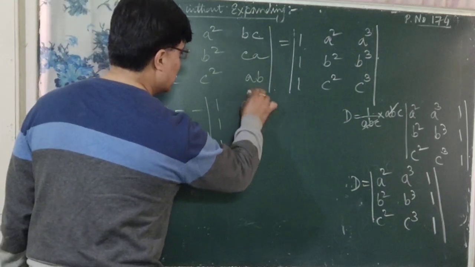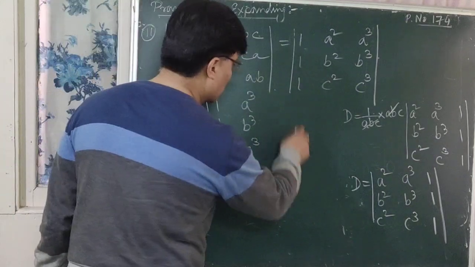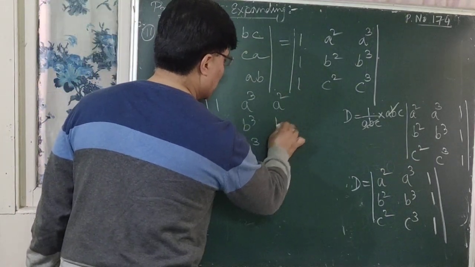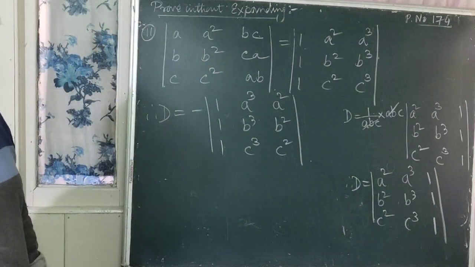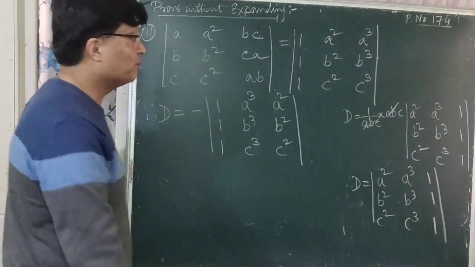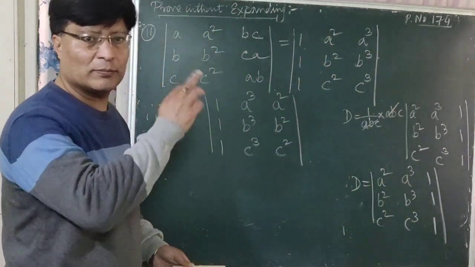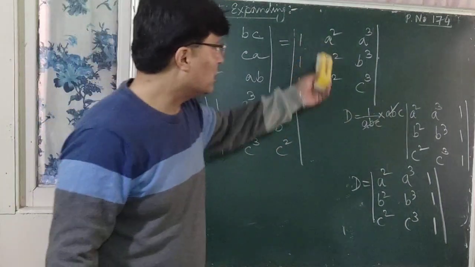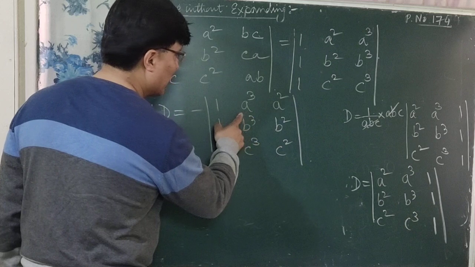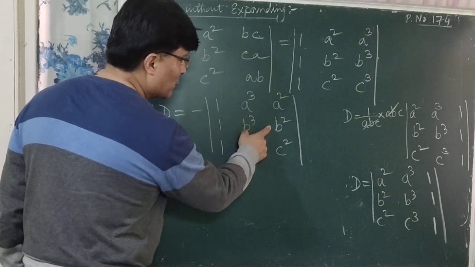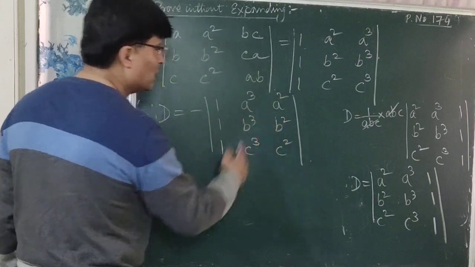Second column remains the same, a cube, b cube, c cube. And what is the new third column here? A square, b square, c square. Correct? Now again, a square, b square, c square is in the second column in the question. So again you have to interchange the second column and the third column, so that a square, b square, c square is in the second column and a cube, b cube, c cube is in the third column.